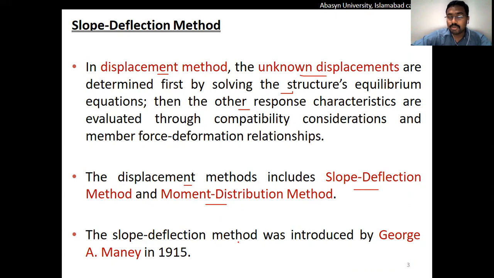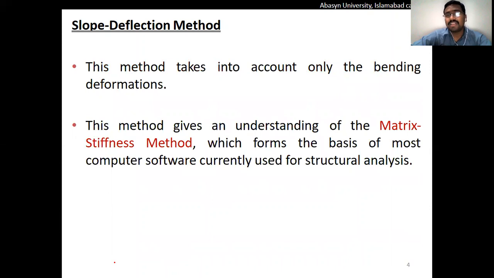As far as the slope deflection method is concerned, it was introduced for the first time in 1915 by George Maney, and while deriving this method, he took into account only the bending deformations of the structures.